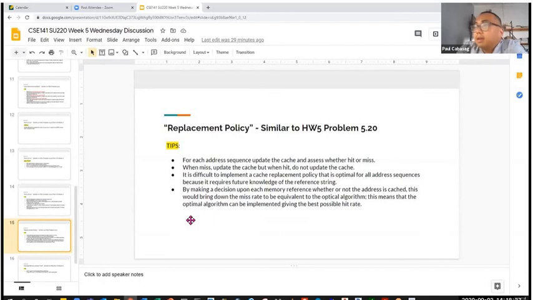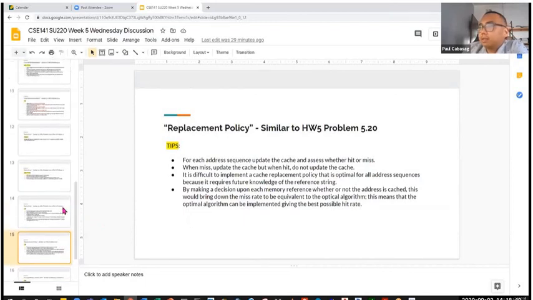And then for this next one, replacement policy. I think this is problem 5.2. For this, I'm just going to give you some tips. I'm not going to show you how you would solve it, but for replacement policy, for each address sequence, you would have to update the cache and assess whether it's a hit or a miss.